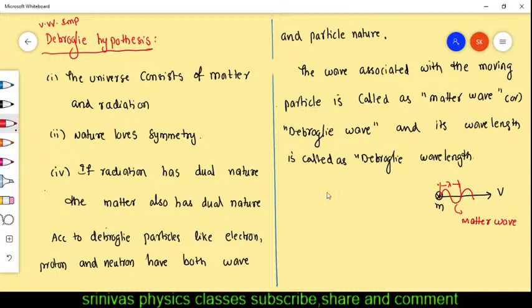When does it behave like a wave? When matter is in motion, at that moment this matter will behave like a wave, and we can find out its wavelength also.